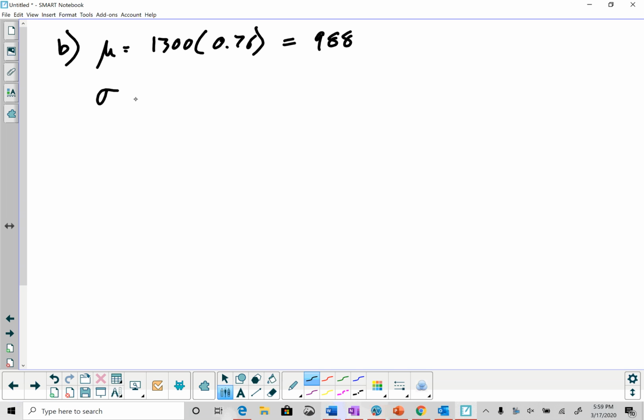They also wanted standard deviation, so we take the square root of the product of n times p times q. Well, n in this case is the 1,300 phone numbers. Success is 0.76. Failure is 0.24. We'll round that off to something reasonable like 15.4.